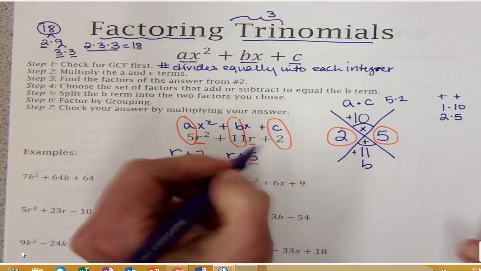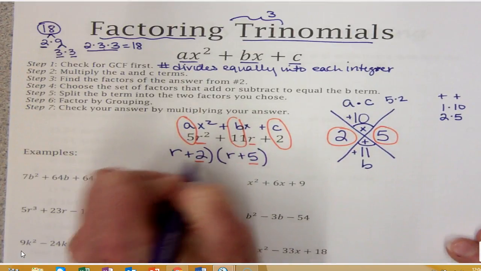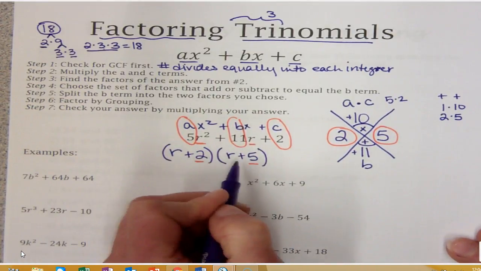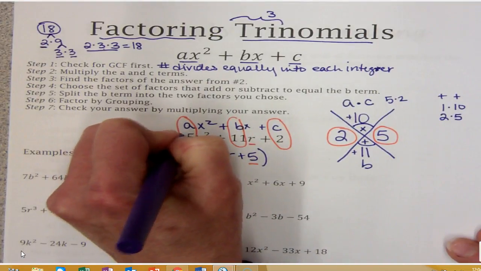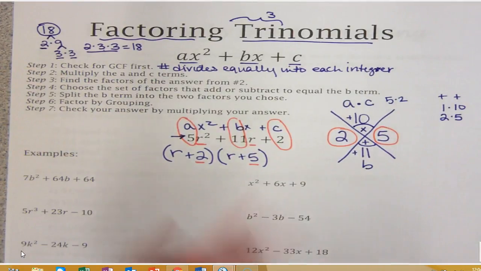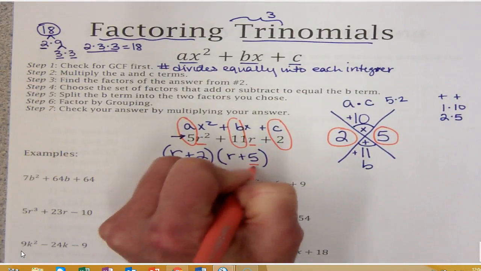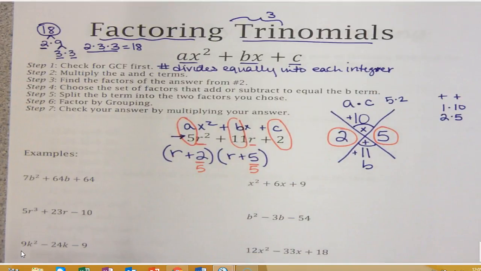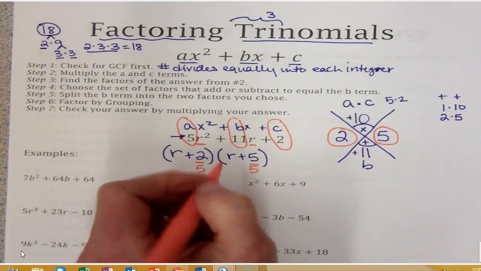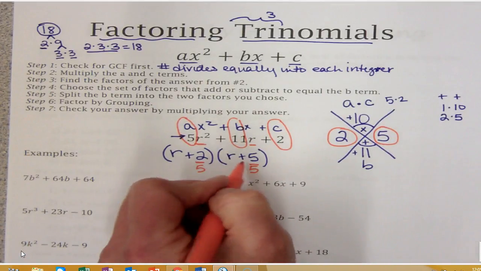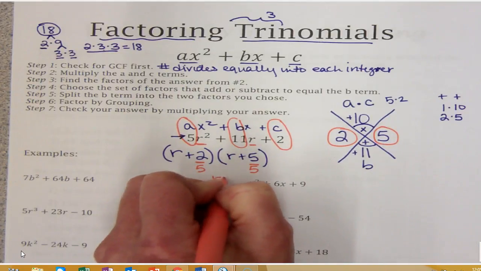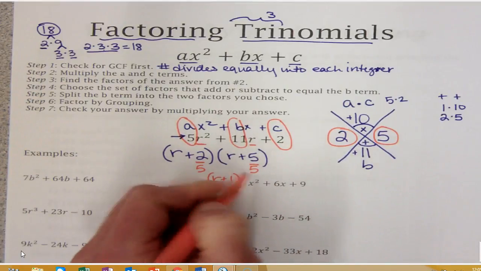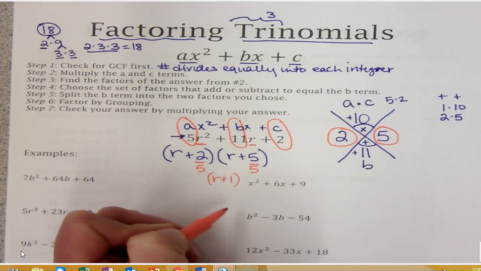So now I've broken those down into two math terms that would multiply, except I have this 5 here. Since I have that 5, I need to divide both terms by the 5 to make it accurate. When I divide x plus 5 by 5, I'm left with x plus 1, because 5 divided by 5 is 1.